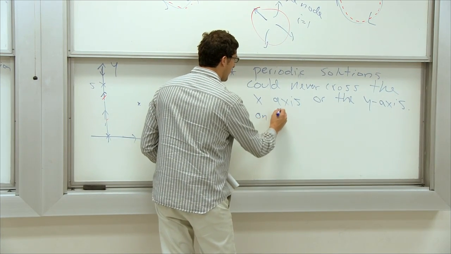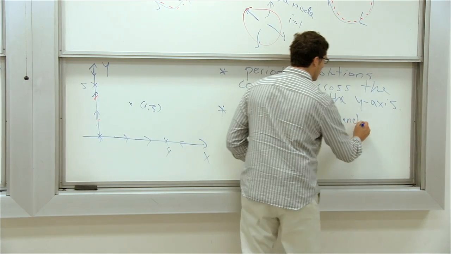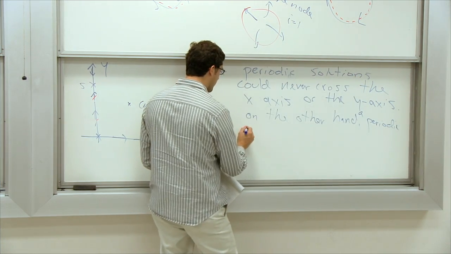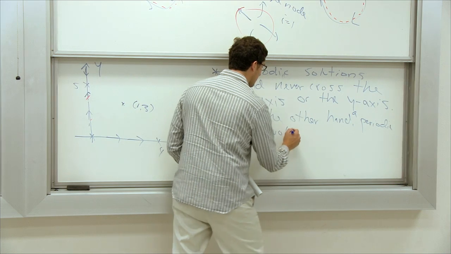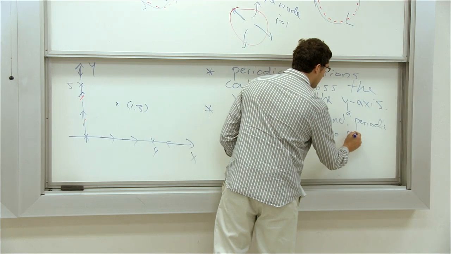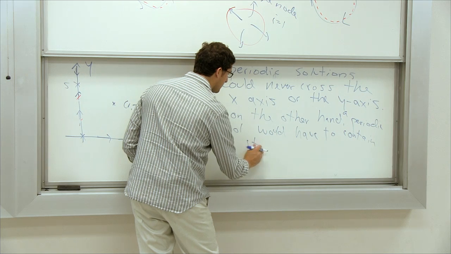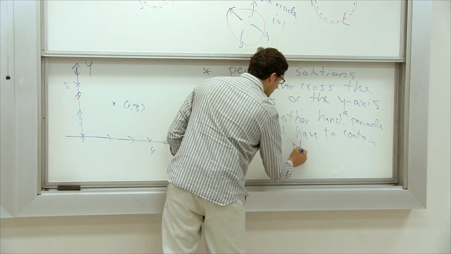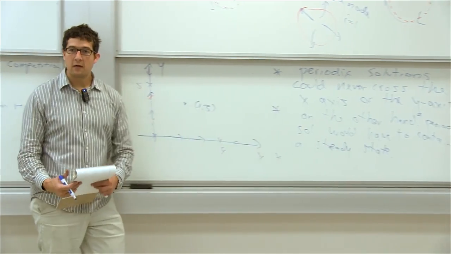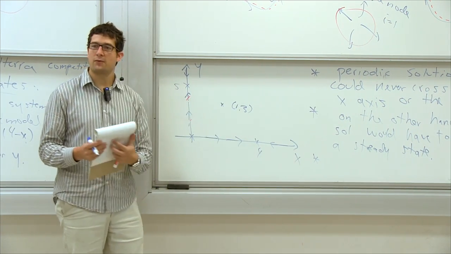Let me write this down. On the other hand, a periodic solution would have to contain a steady state. Okay? Therefore, the only steady state you can possibly contain that is not on the axis is the steady state 1, 3.